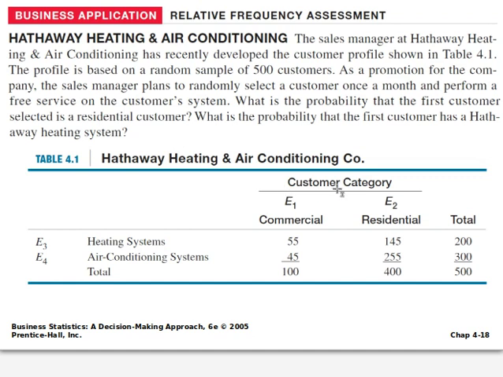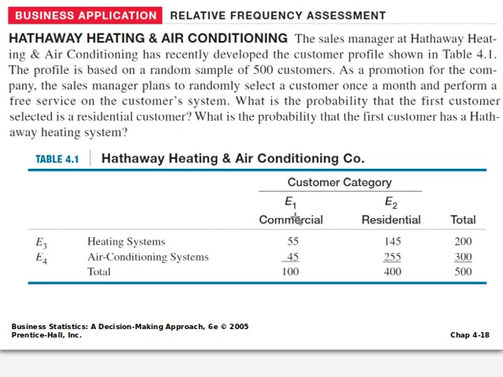These are the customer categories: E1 and E2, commercial and residential. And E3 is heating systems, E4 is air conditioning systems.